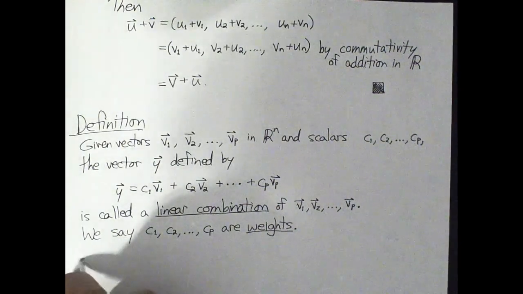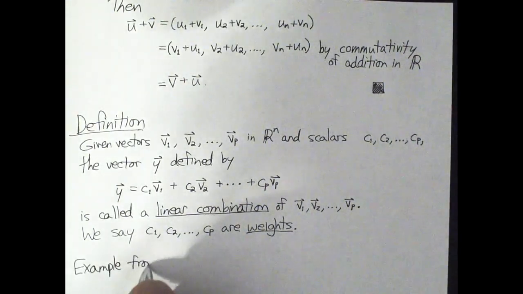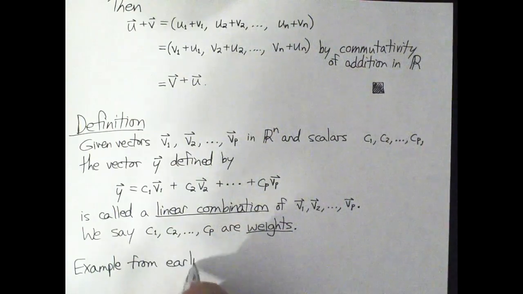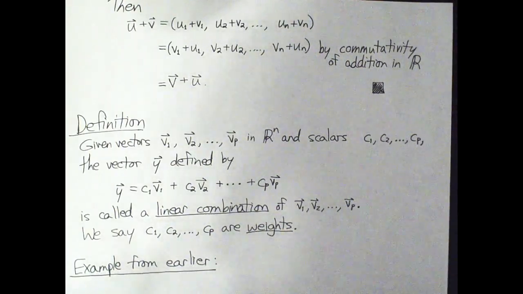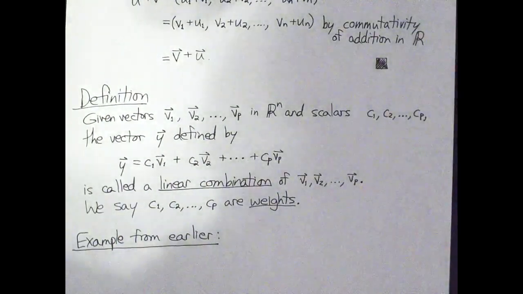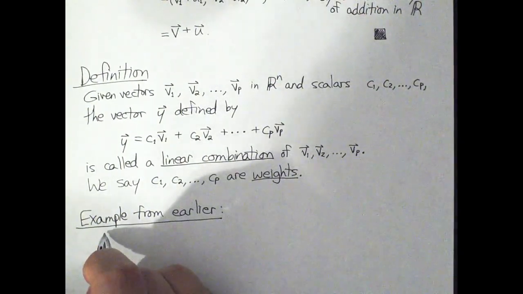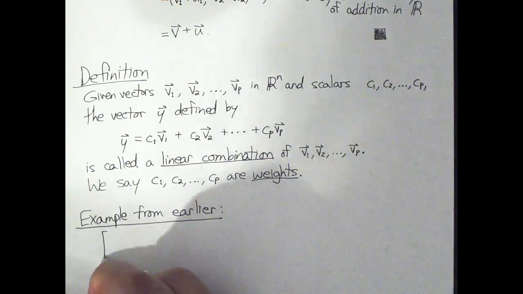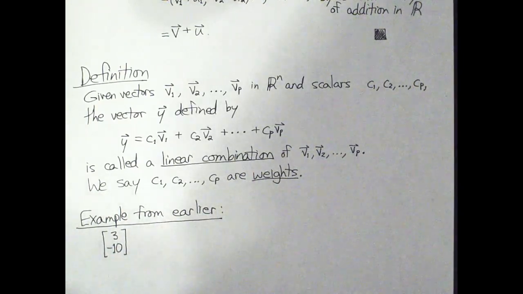I'm going to show you a little example, and in fact, this is an example from earlier. Sometimes I like to show you something without telling you. Basically, we've done a linear combination already, but I didn't use that phrase. Sometimes I like to show you something, and then I can come back and say, hey, you know that thing we did? Turns out that was a linear combination. So an example from earlier is we had this 3, -10.